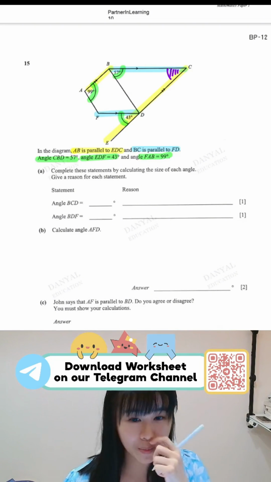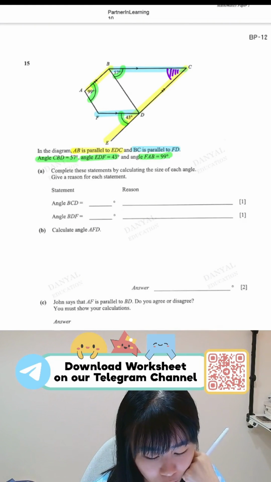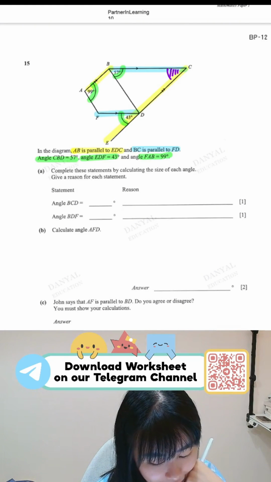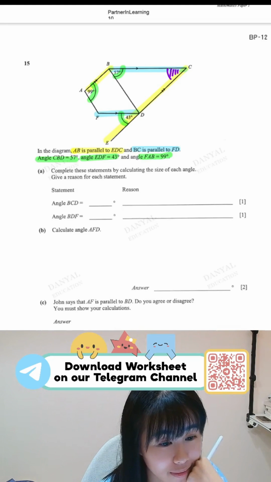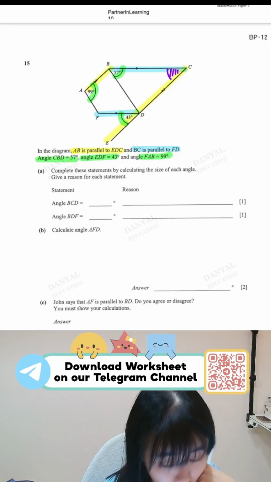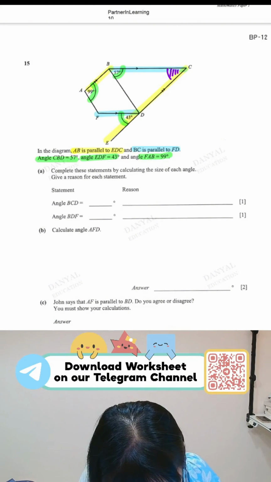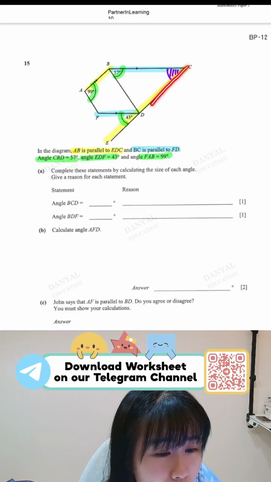Come, you all participate because I've been teaching for so long. Come, let me know, how do you get the angle? Anything y'all do to get the angle? Angle CDE is 43, CDE. What do you say?